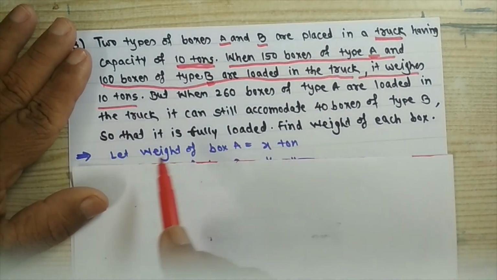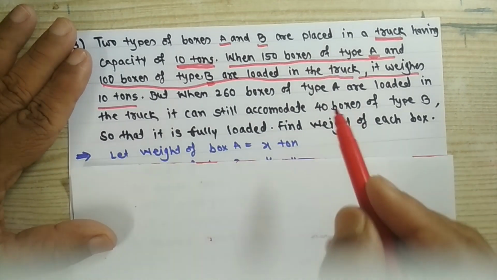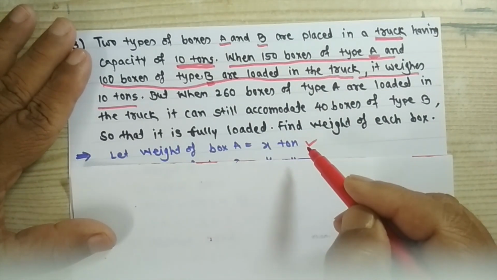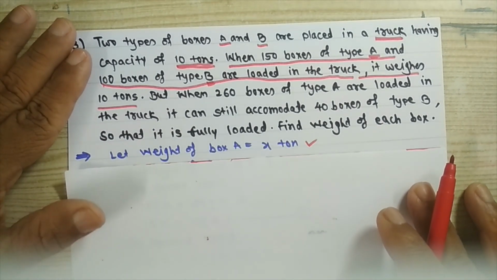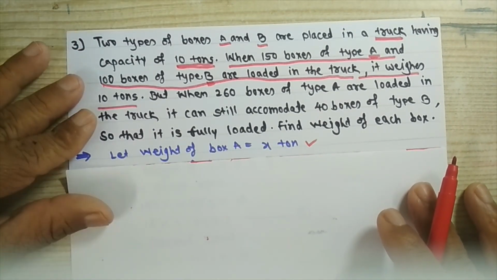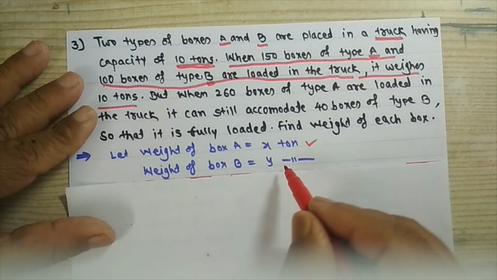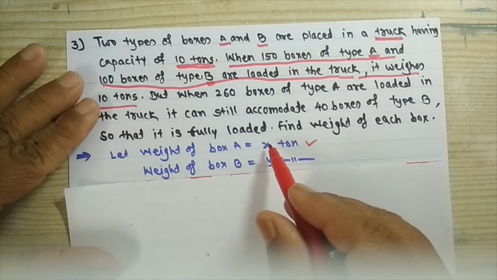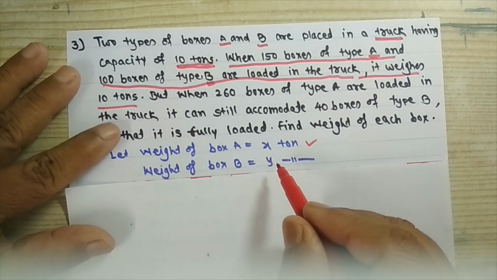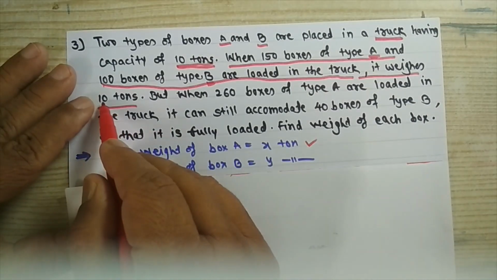Let the weight of box A be x tons. Finally we have to convert it into kilograms. And the weight of box B will be y tons. Both taken together, the capacity of that truck will be 10 tons.